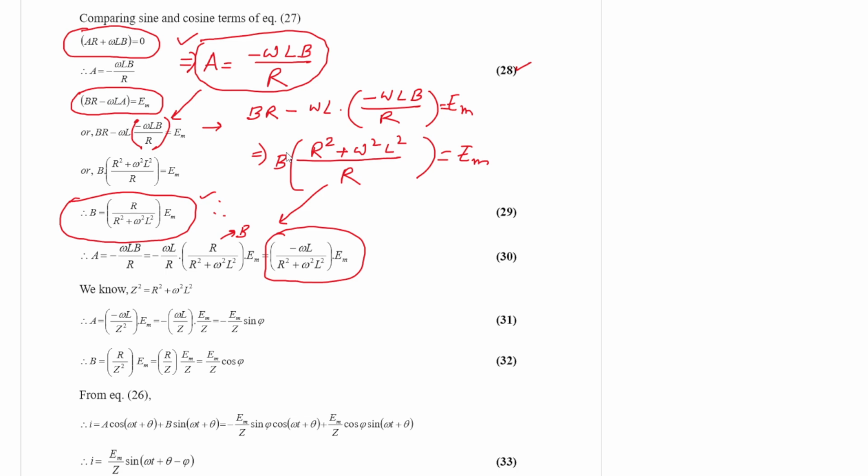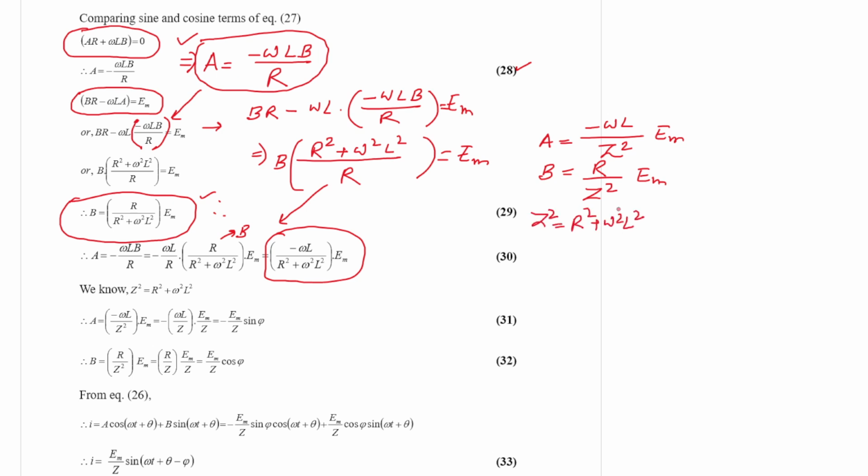So we have derived two constants. A is equal to minus omega L by Z square into Em, and B is equal to R by Z square into Em. Now what is Z square? Z square is nothing but R square plus omega square L square.